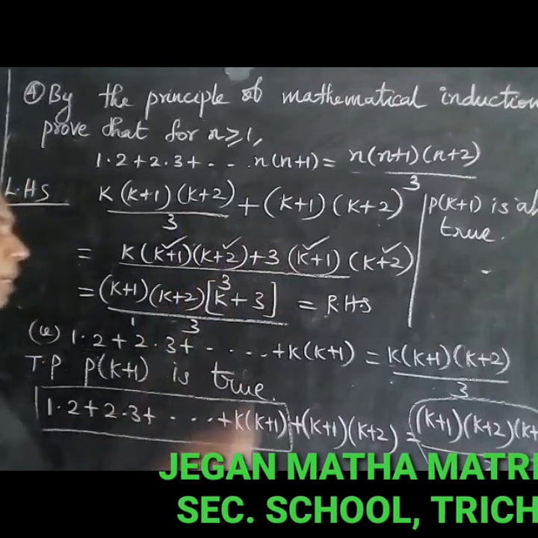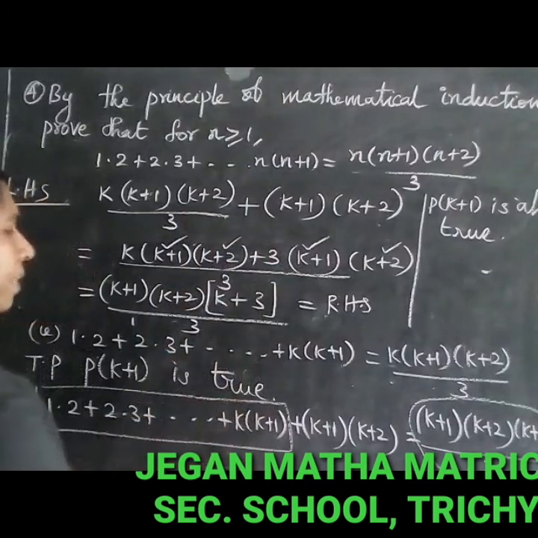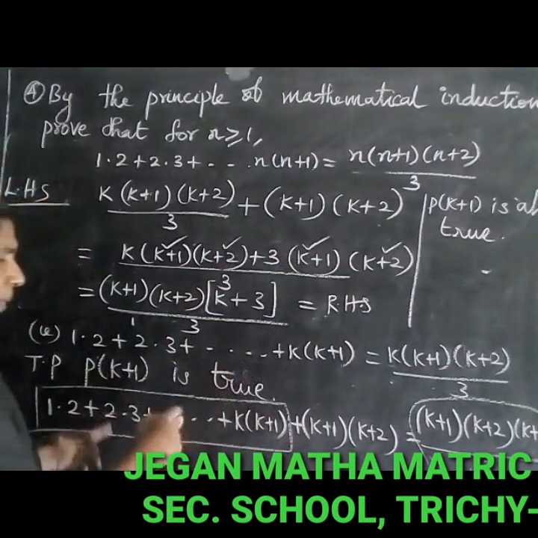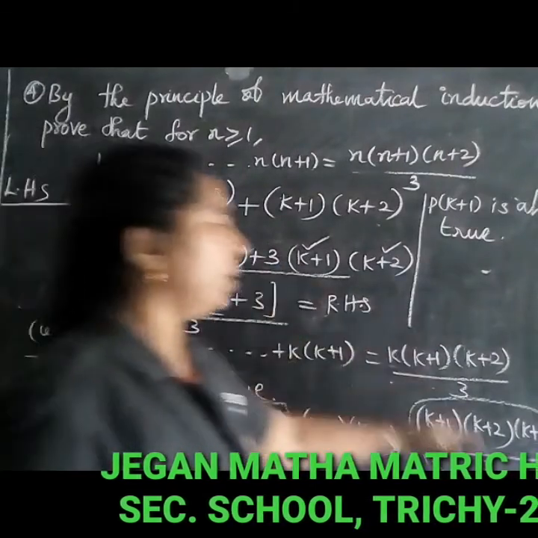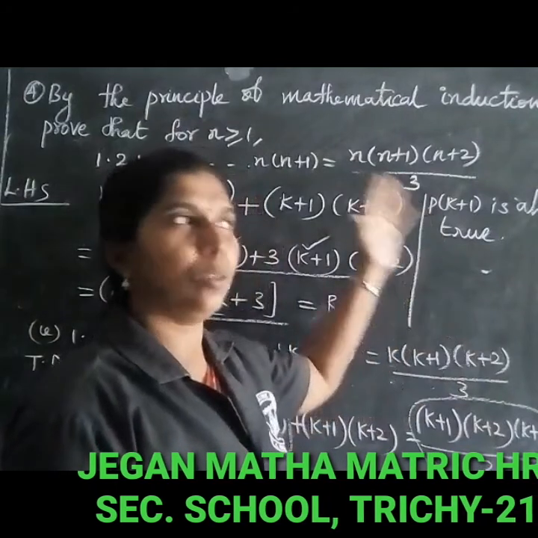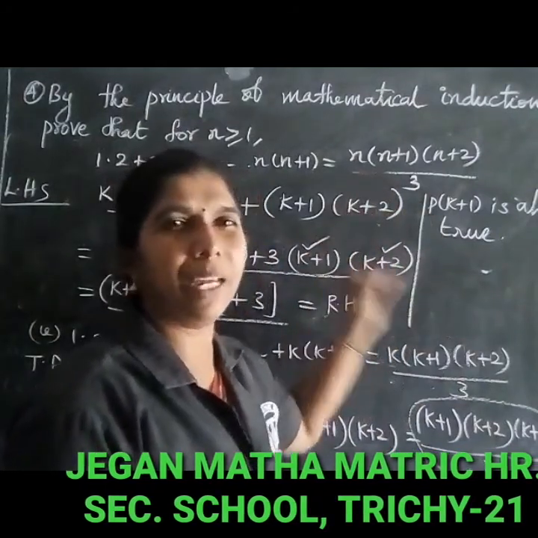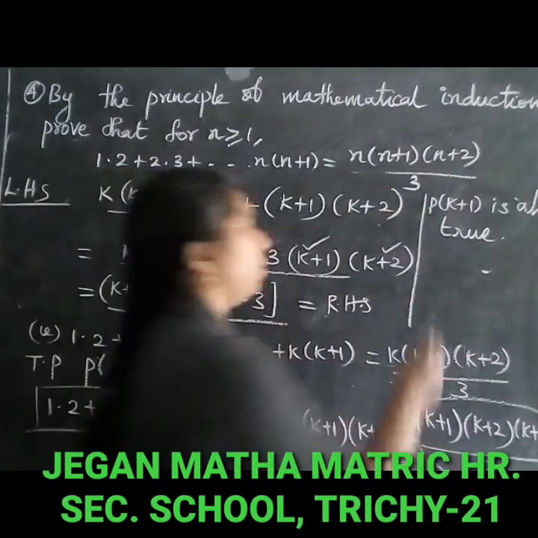With the help of P of k, we are proving P of k plus 1. When you are replacing P of k in the P of k plus 1 expansion, if you are getting the right side value that is given, then P of k plus 1 is also true. So you have P of 1 as well as P of k plus 1, P of k, everything is true, means you can conclude.